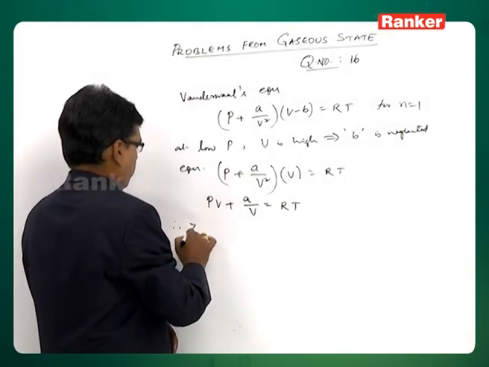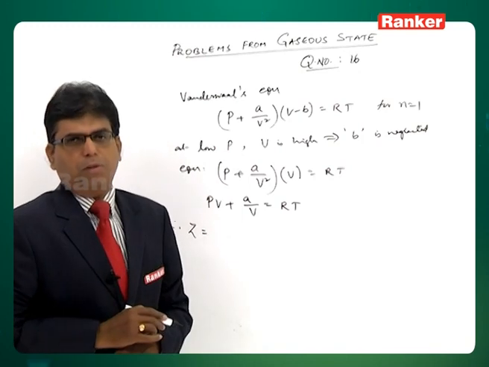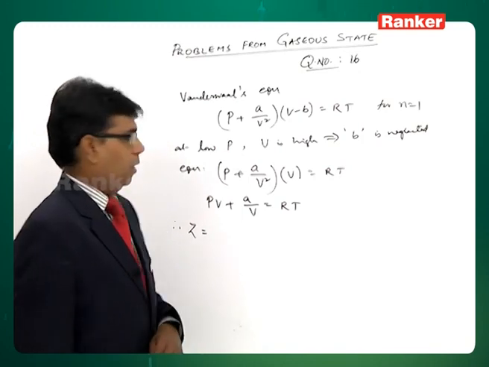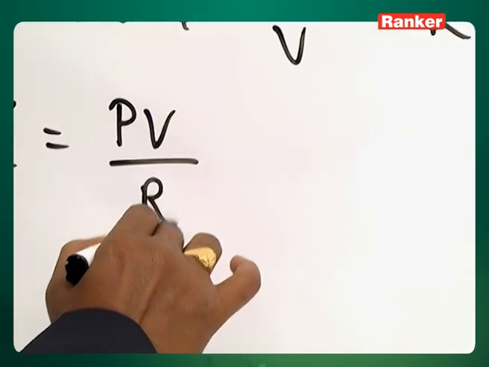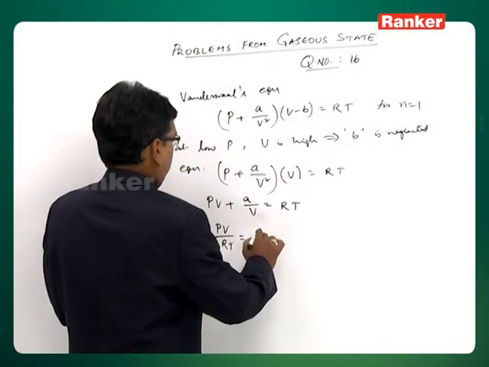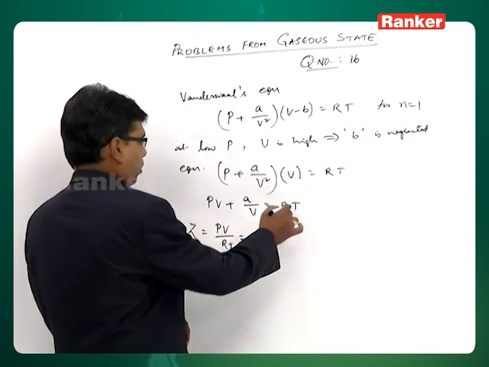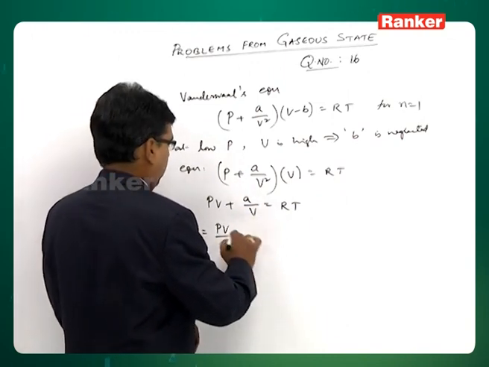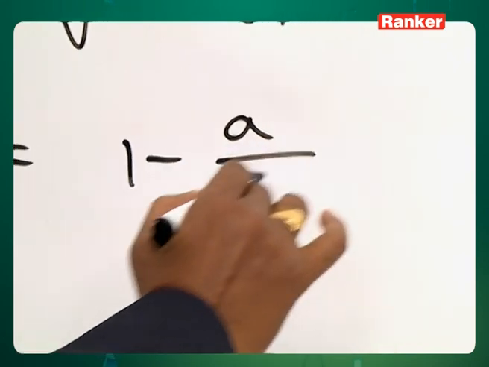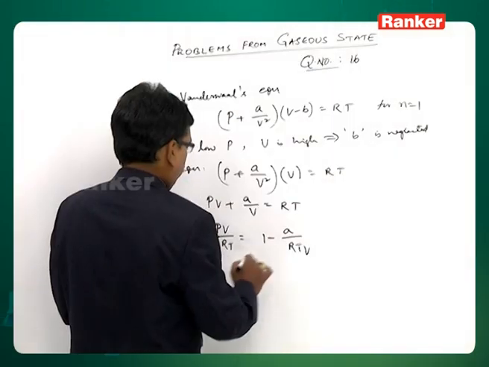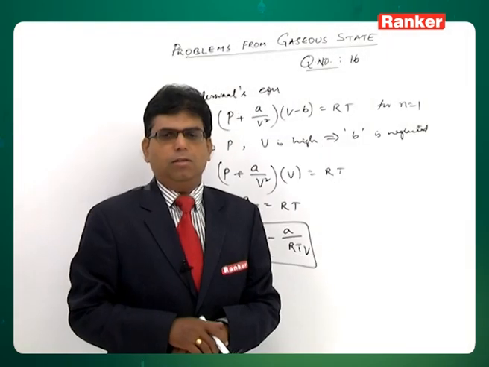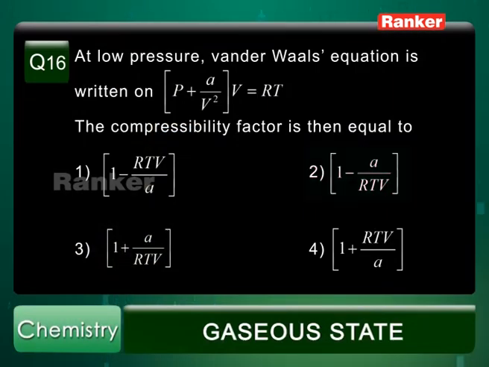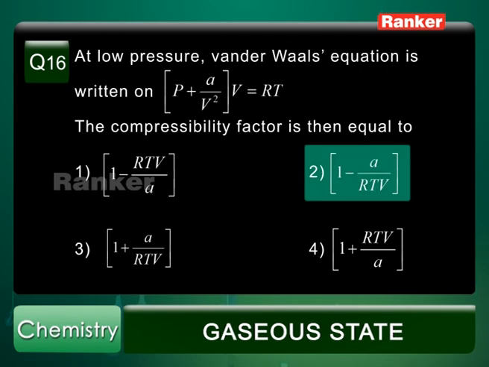Now, the compressibility factor Z is equal to PV by RT. PV is equal to RT minus A by V, so it is 1 minus A by RTV. That is the second option. The second option, 1 minus A by RTV, is the correct answer.